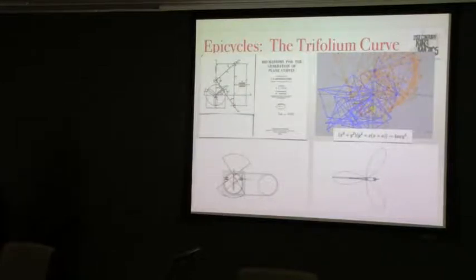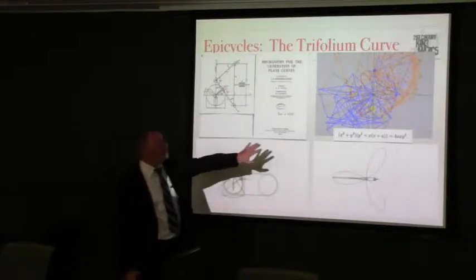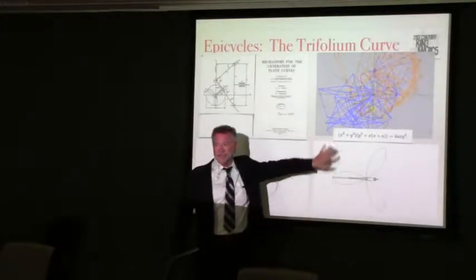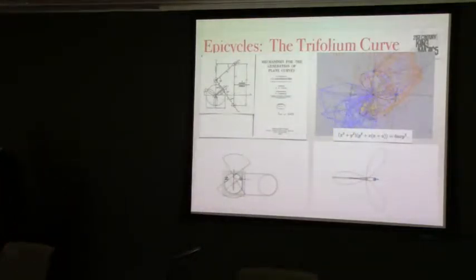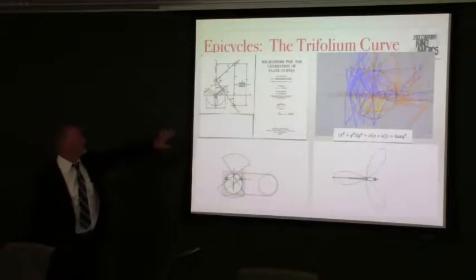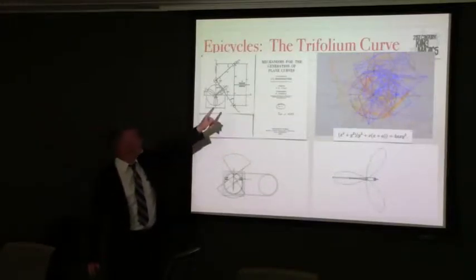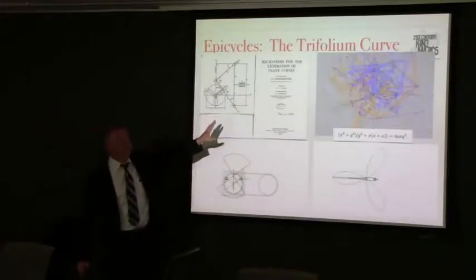So I'm going to take a minute and do a little bit more history. This is another one of the examples that you can find that shows Kempe's linkage. Now in the 1960s, out of Russia came this particular book called Mechanisms for the Generation of Plane Curves.